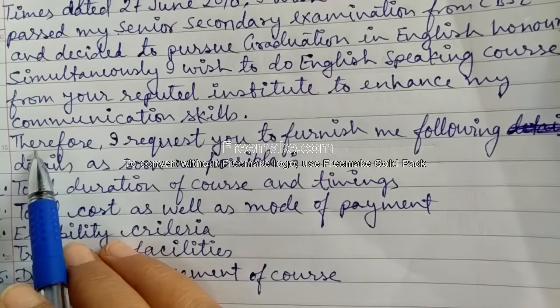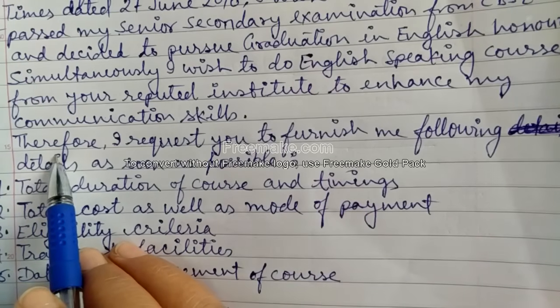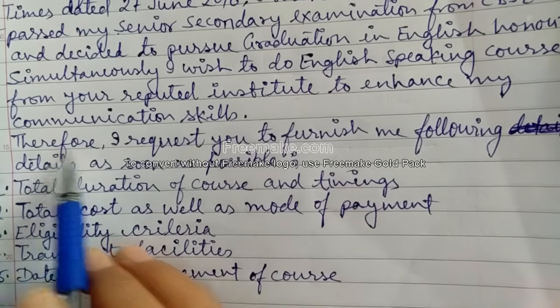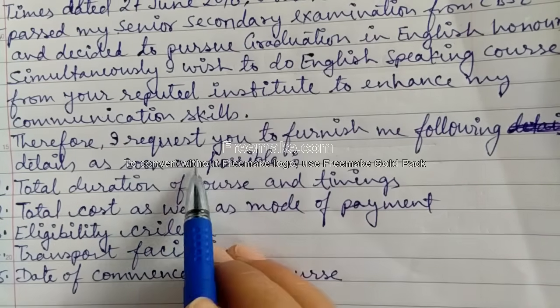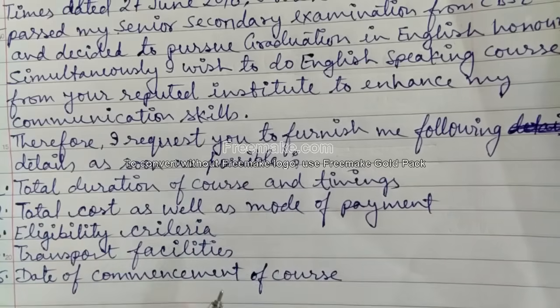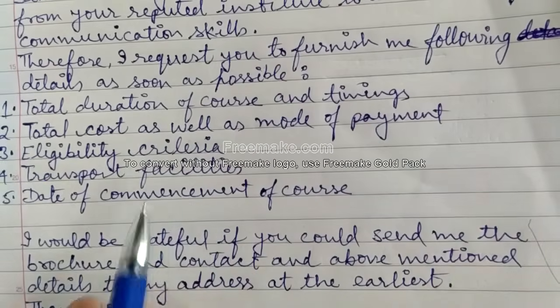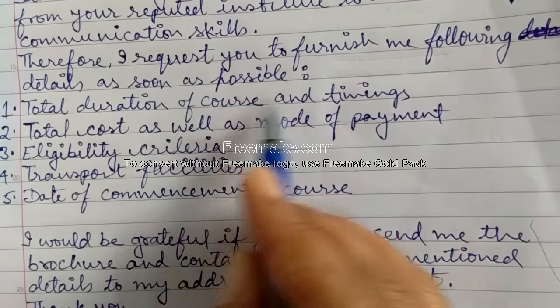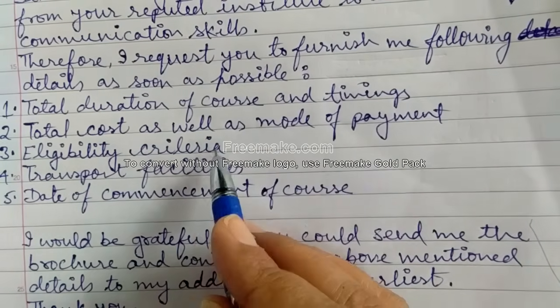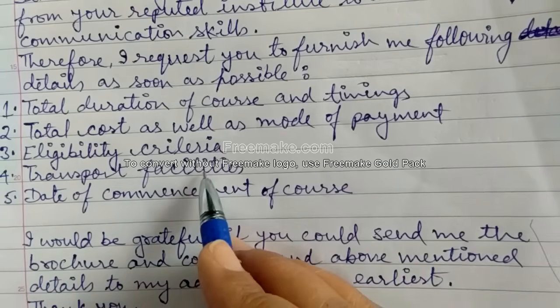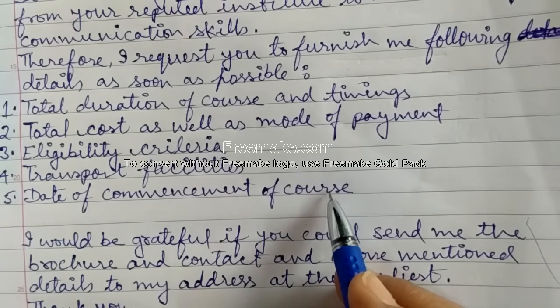Then in the second paragraph, we should write down our main request. Therefore, I request you to furnish me the following details as soon as possible. And the details are written in points: total duration of course and timings, total cost as well as mode of payment, eligibility criteria, transport facilities, date of commencement of course.